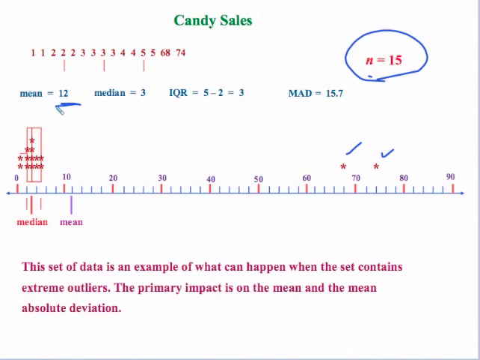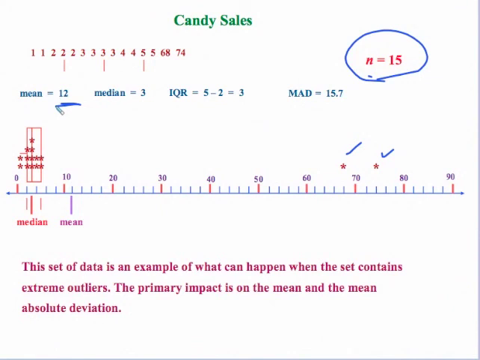Notice that the median is probably a lot closer to the actual values that we would expect, and you have a small interquartile range, 5 minus 2 being 3, but look at your mean absolute deviation. It comes out to 15.7.